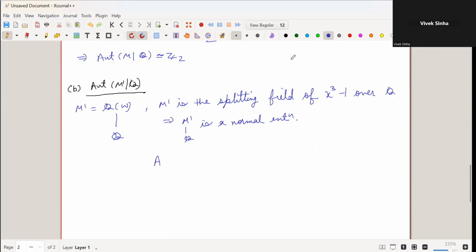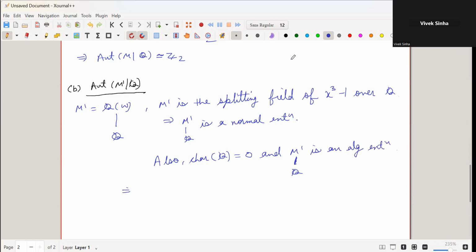Also, the characteristic of Q is 0 and M dash over Q is an algebraic extension.